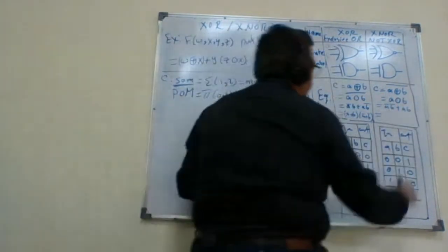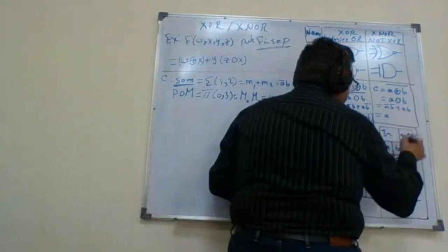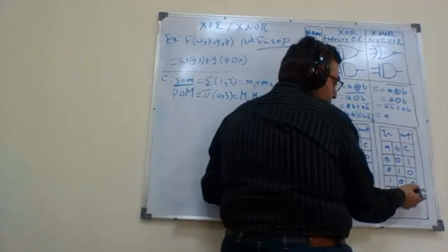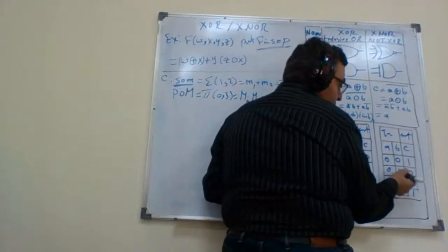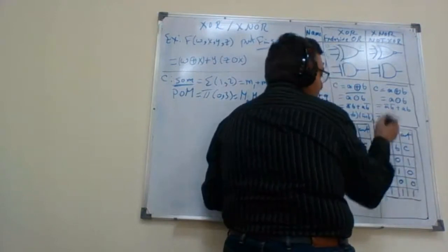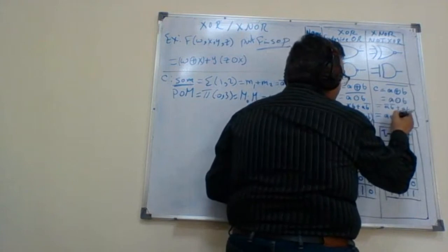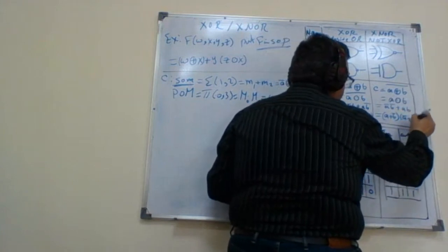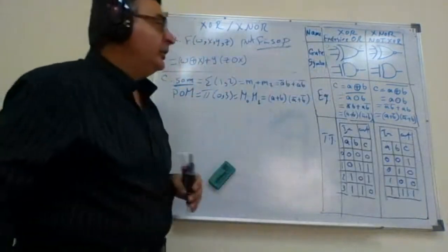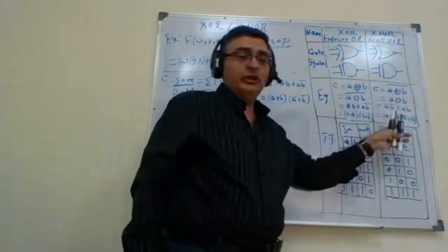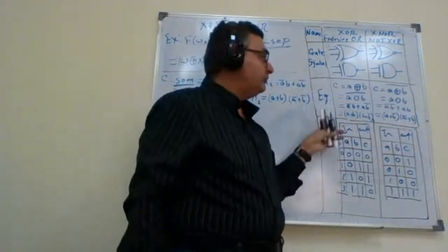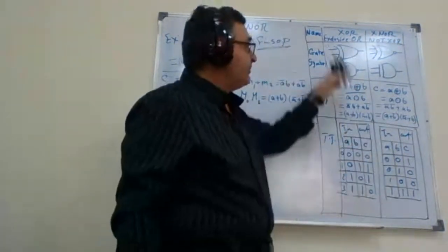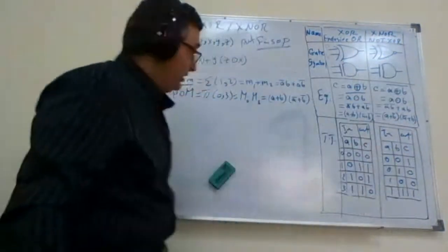I can also write it as a product of max terms. The max terms for XNOR are at the location of zeros, this and this. So the max terms are (A or B bar) and (A bar or B). Four different formats and equations for the XNOR, four different formats and equations for the XOR, and these are their keys and these are their logic gates.